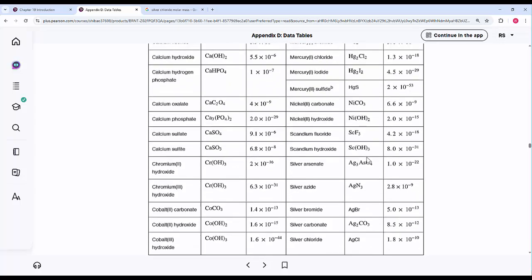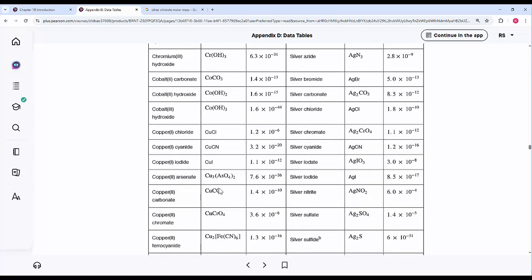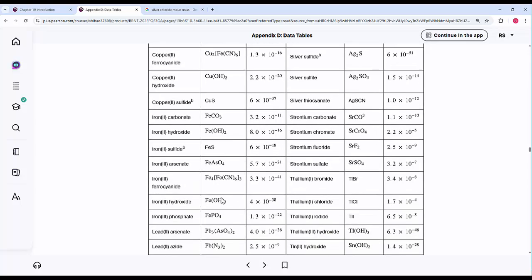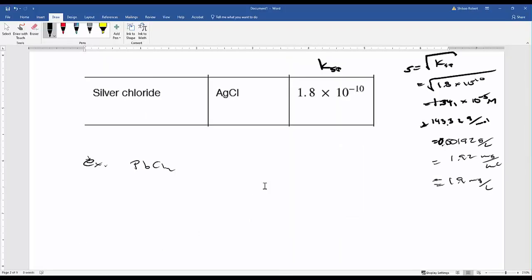It's not on the highest end. On the highest end were these lithium salts, but let's go ahead with lead-2 chloride because we call that insoluble as well. 1.6 times 10 to the minus 5 is its KSP value here. And so this is the data we get from the table. KSP is 1.6 times 10 to the minus 5, which should be considerably less soluble.